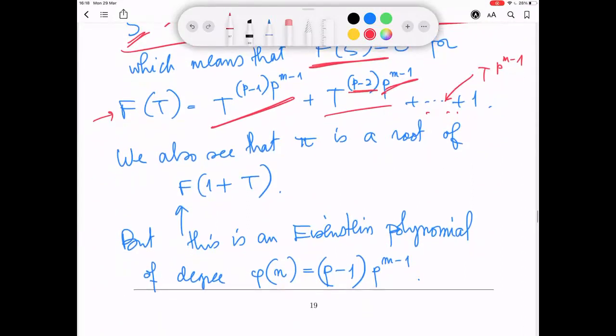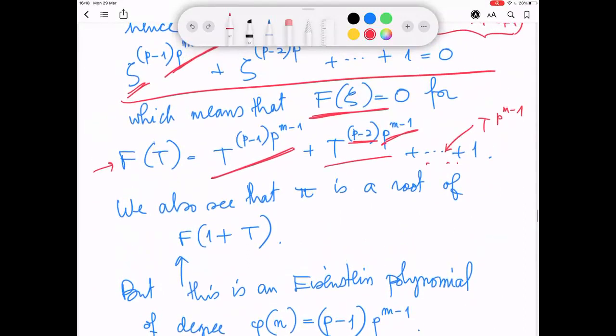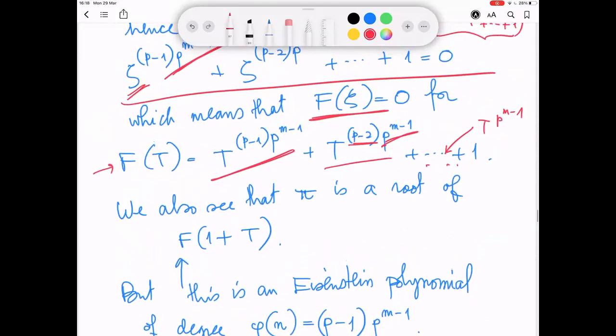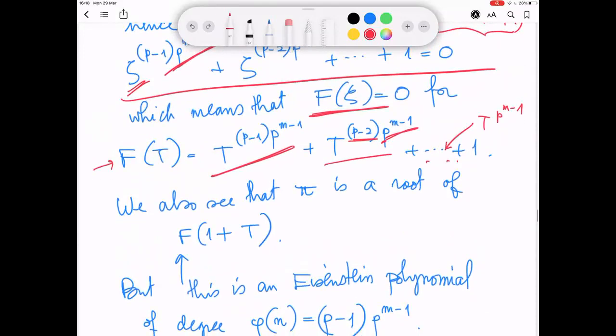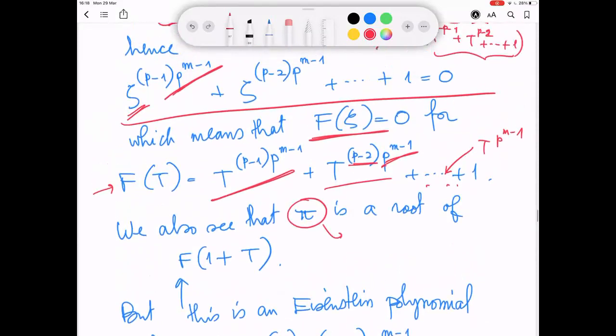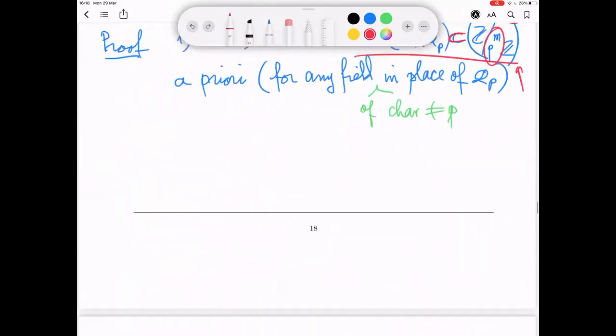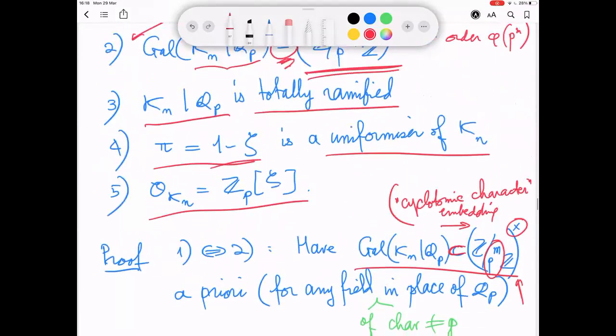Okay. So now pi, which was defined as 1 minus zeta or zeta minus 1, what was it? 1 minus zeta.